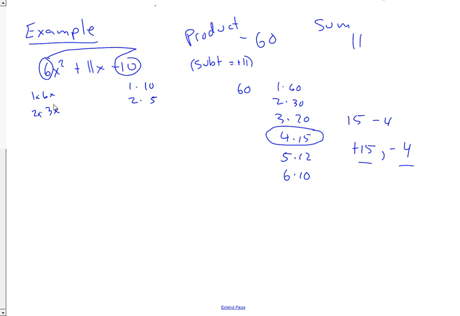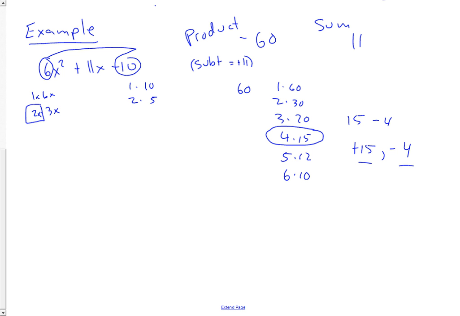I need to look at how I am going to pair up one of these pairs of factors with one of the pairs of factors over on the right to get 15 and 4. If I look through here, I have 2x times 2, or 2 times 2 is 4, and 3 times 5 is 15. Okay, so that works.